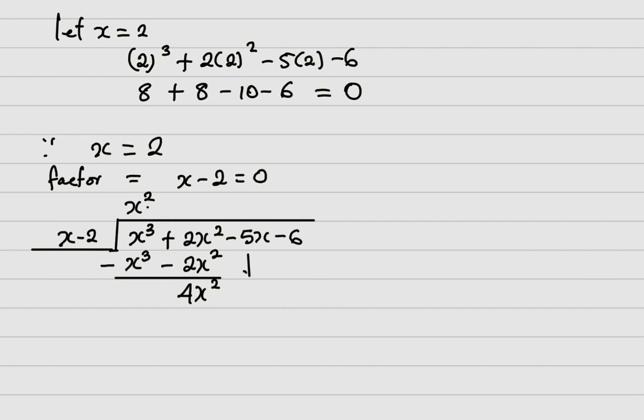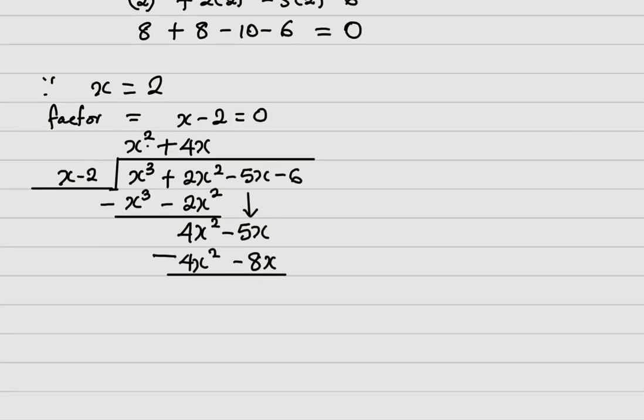I will now bring down my minus 5x, and this is going to be plus 4x, so that this will be 4x squared. Then I have minus 8x. Once I subtract, I get rid of my 4x squared, so that here is going to be 3x.